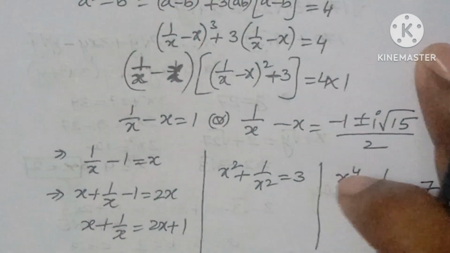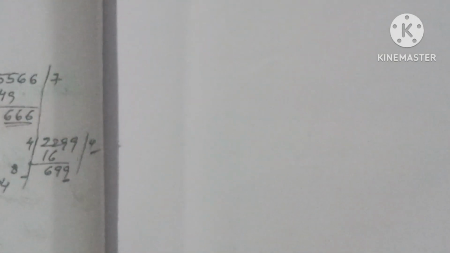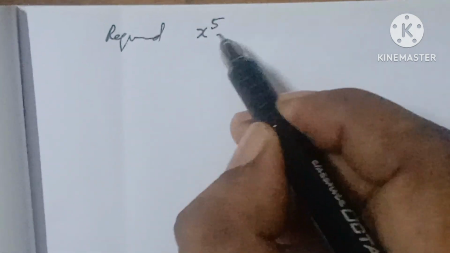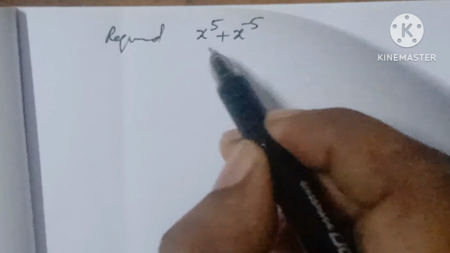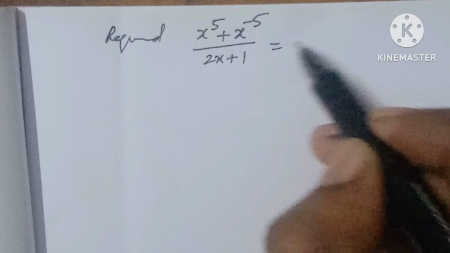Now replace these values in the given equation. What is required here? x to the power of 5 plus x to the power of minus 5 over 2x plus 1 now.